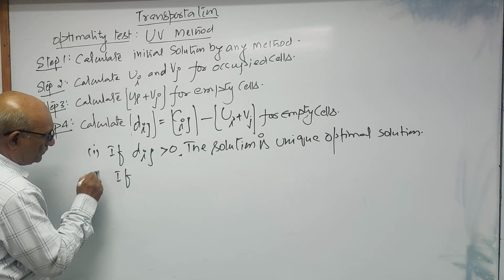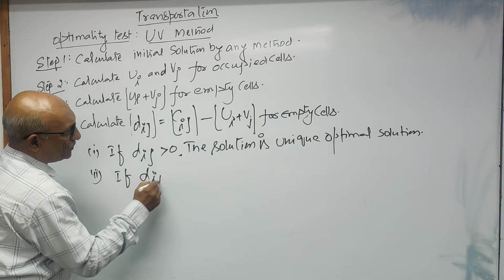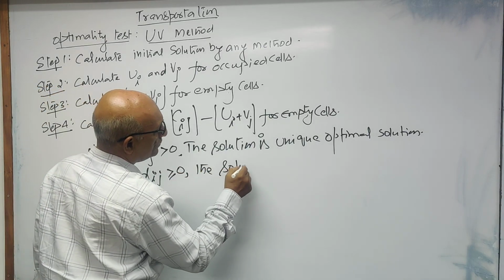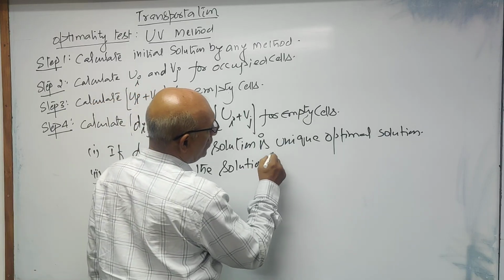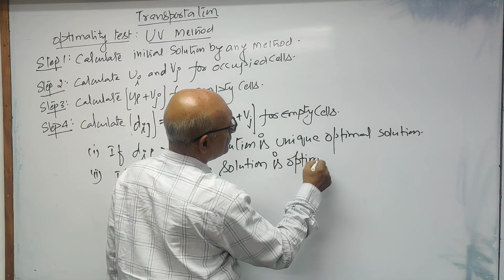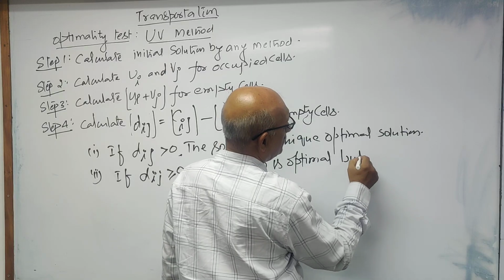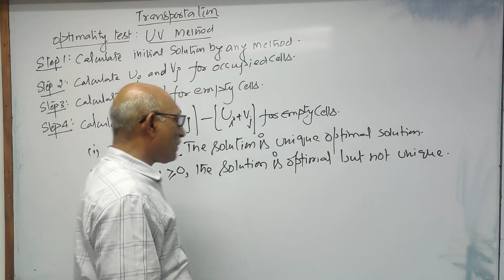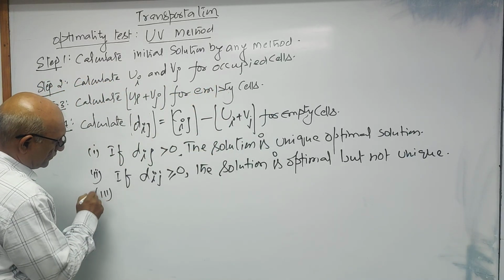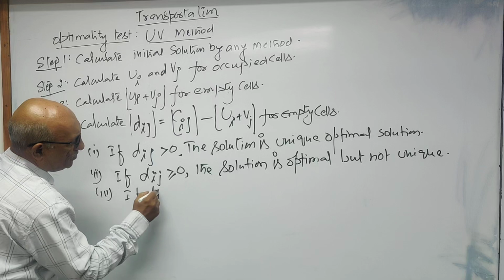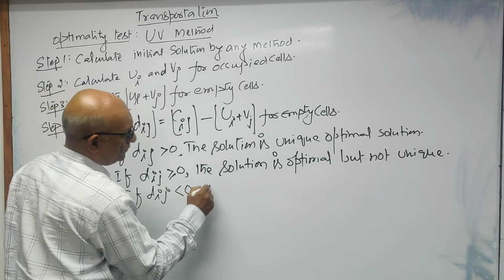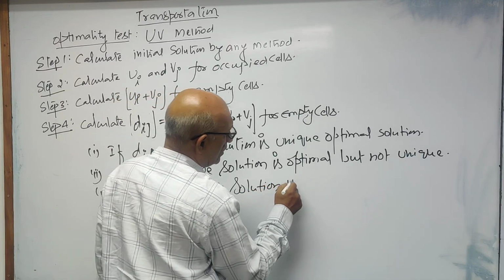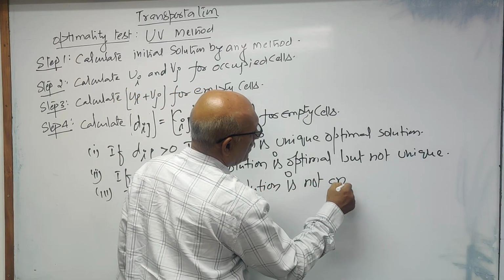If Dij values are greater than or equal to 0, the solution is optimal but not unique. If Dij values are less than 0, the solution is not an optimal solution.